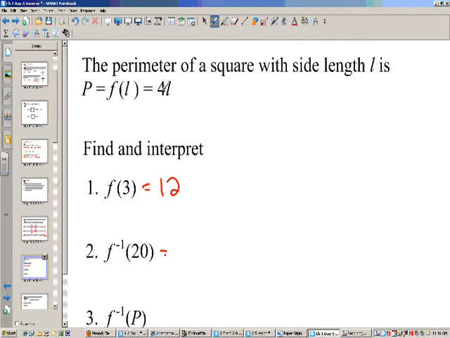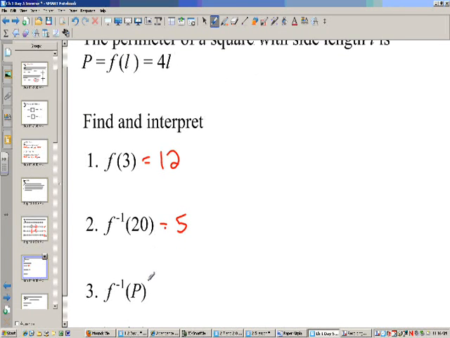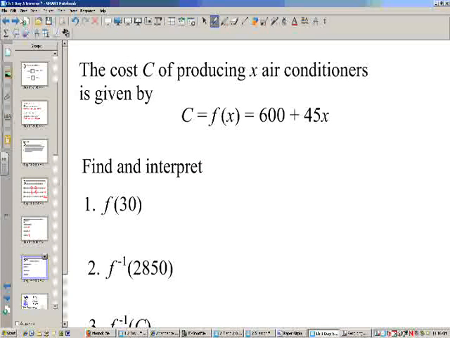Well, we take that value, divide it by 4, and it would be 5. Now if I put in a P, to find the length I would have to divide that P by 4. So this would be the formula for all of the values for f inverse.